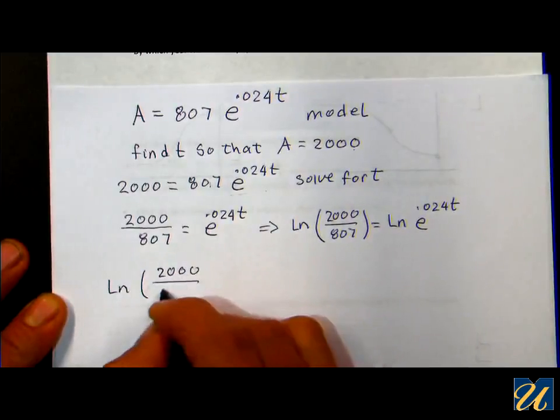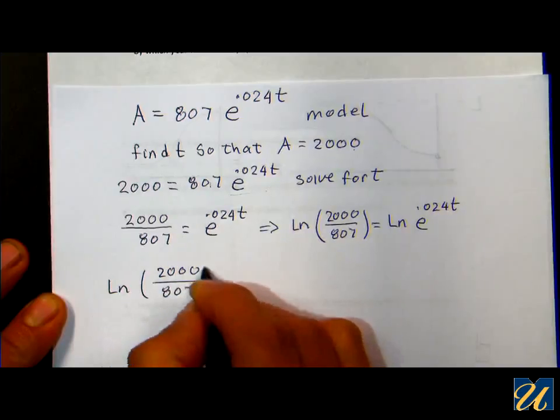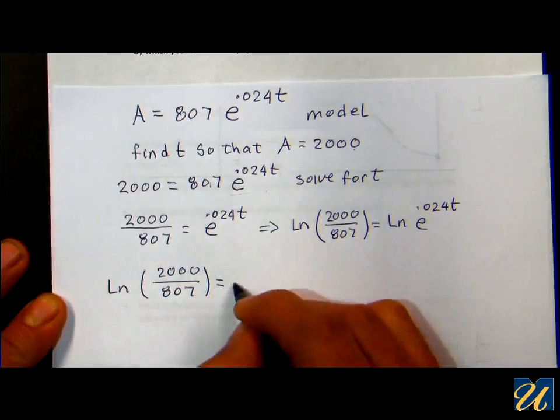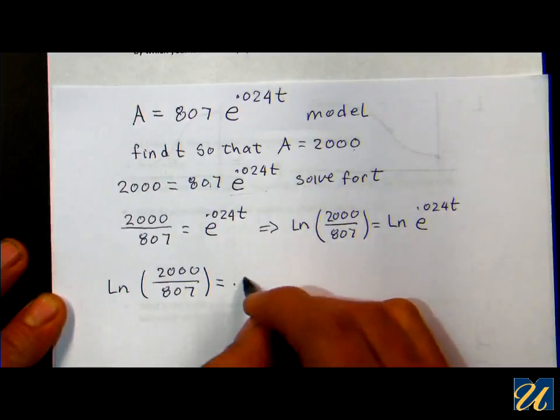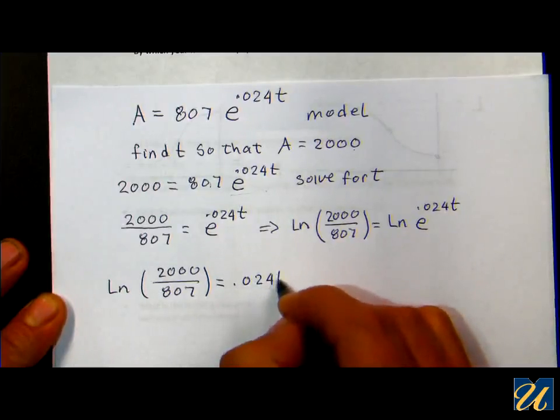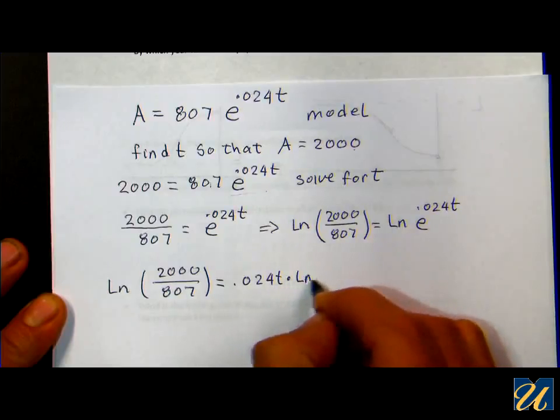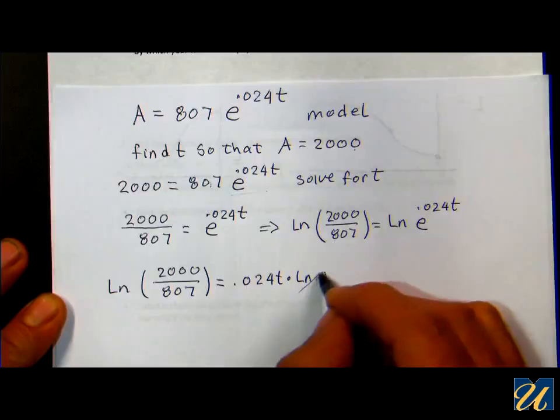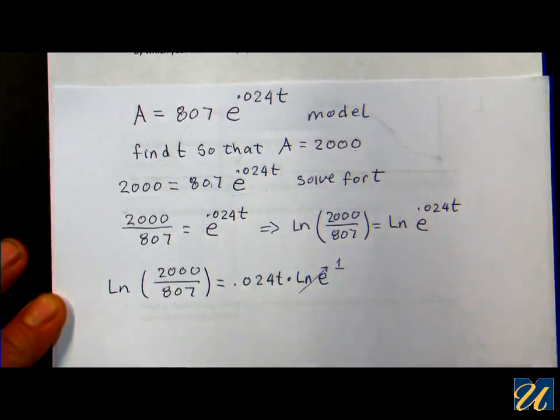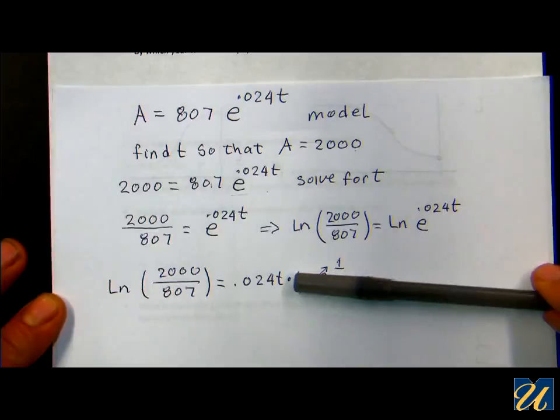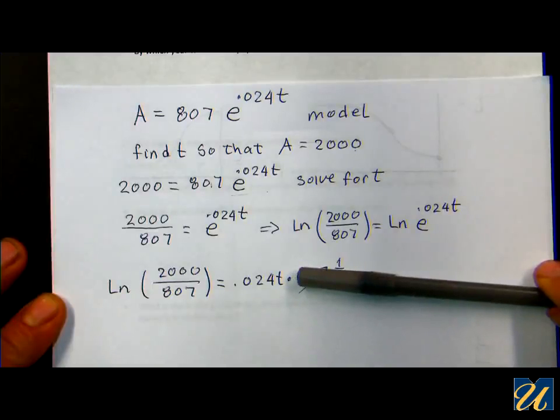Copy that down here. And on the right side, the power property applies, so 0.024t times the natural log of e. The natural log of e is 1, and it goes away. So we now have t down on the ground and in a place where we can isolate it.